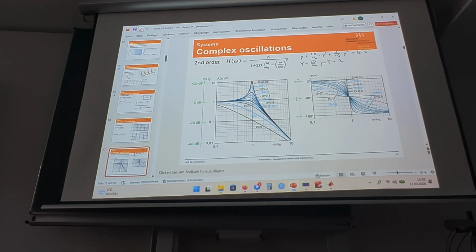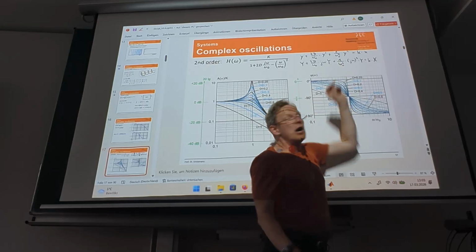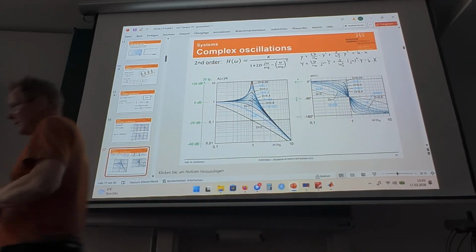And then we have the 1 over omega 0 squared. And a second derivative means just we have j omega squared. And then, of course, again the output amplitude, and this is equal to k times the input amplitude. And then on the left side, we have 3 times the y amplitude. We can factor this out.